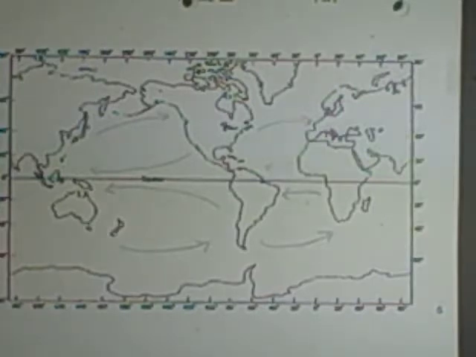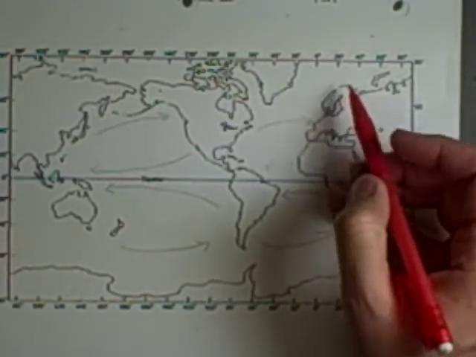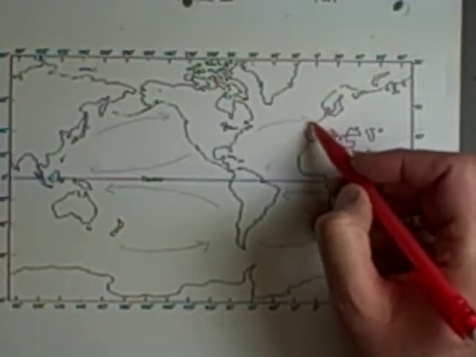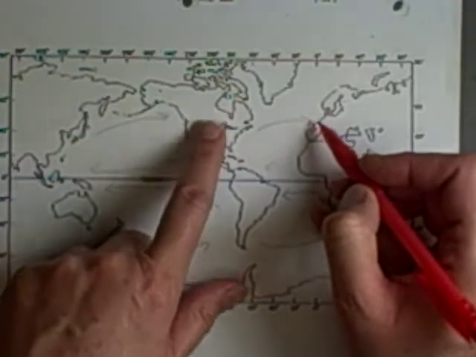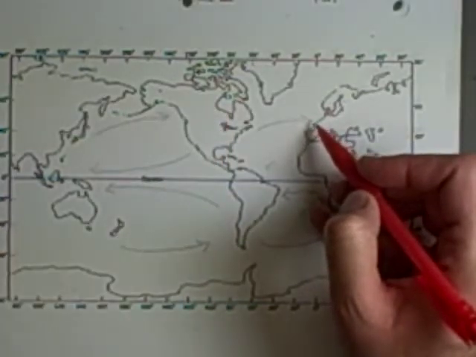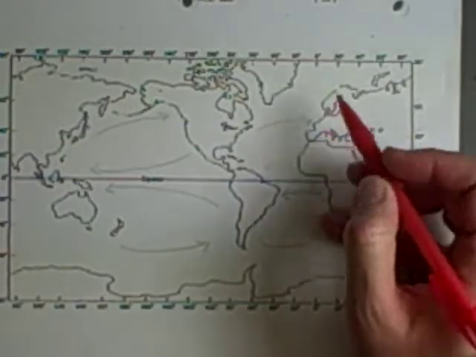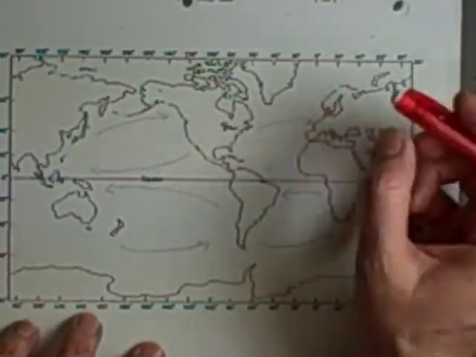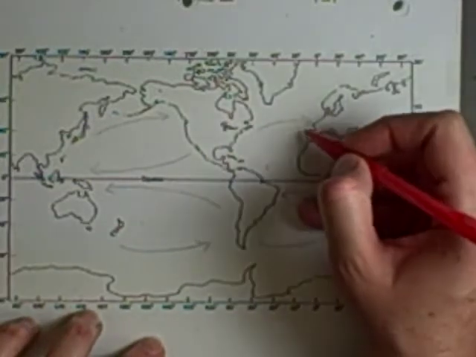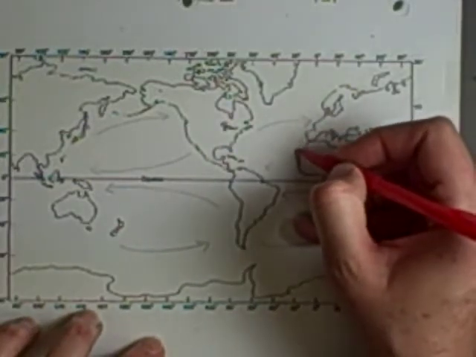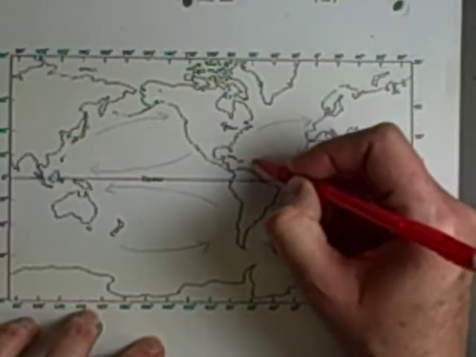But second of all, let's pretend that you were an early explorer. You're from England, or you're from Spain and Portugal. So you're over here and you want to go explore the New World. What you would do is grab these currents and wind belts. Now, you can't go this way. That's not very smart, especially when you have just a sailing ship. What they would do is drift down this way, and then catch this across.